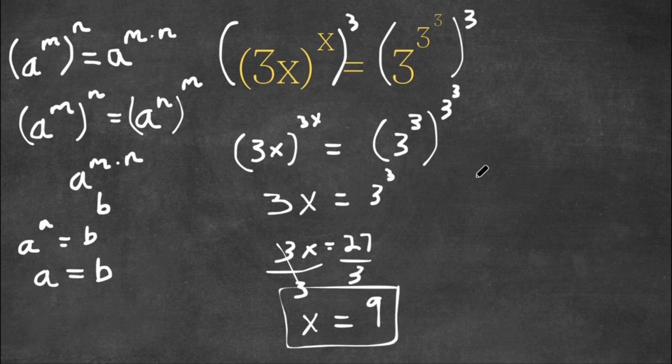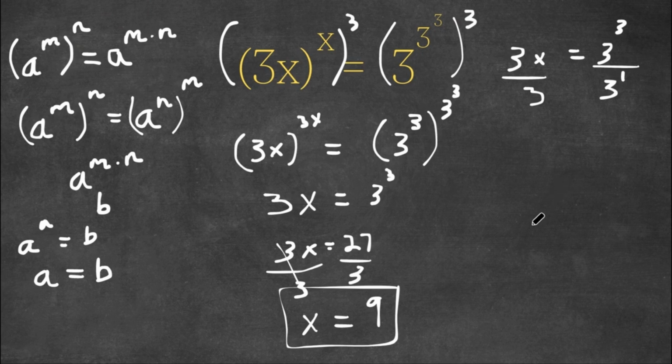Now, our second way: 3x is equal to 3 to the power of 3. The second way is simply dividing by 3 at the start, and 3 to the power of 3 divided by 3 is 3 to the power of 1.